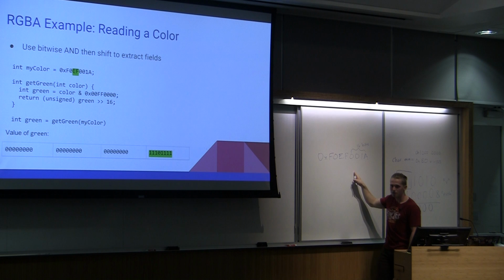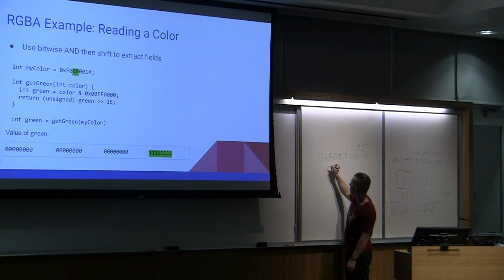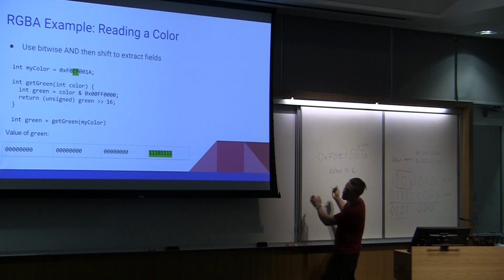And the problem is after I do that, so let's say I just do color right shifted by 16, and I call that green.